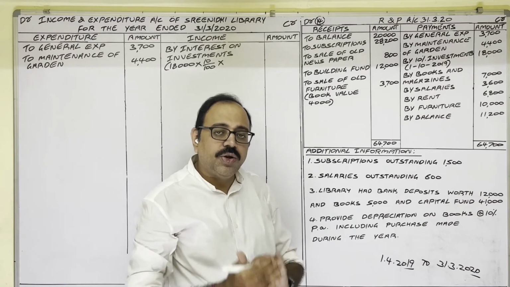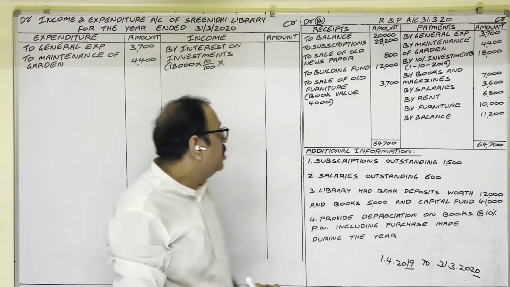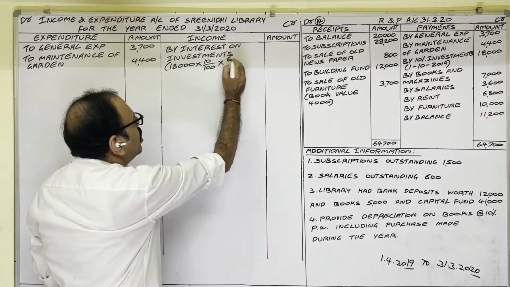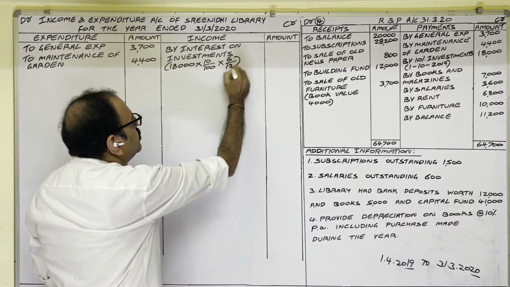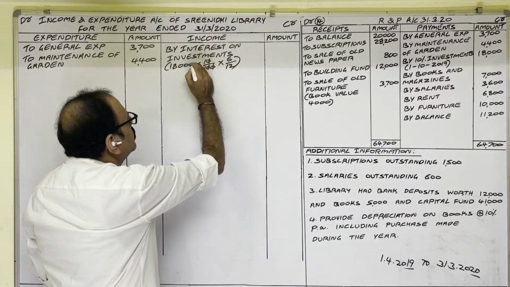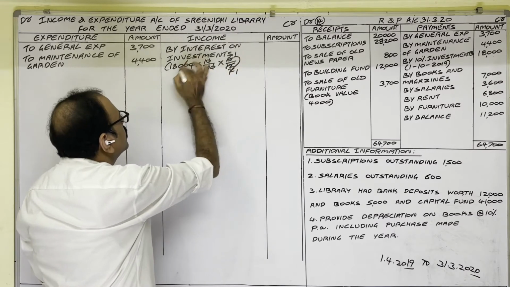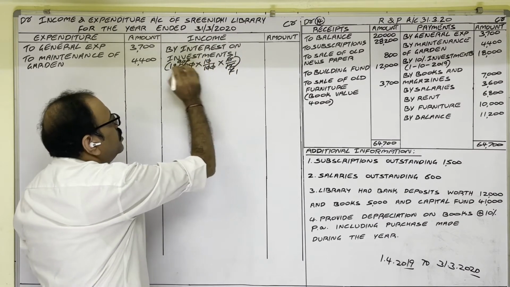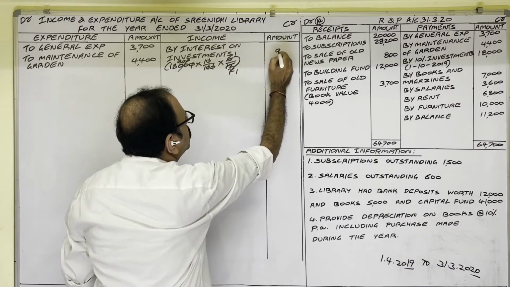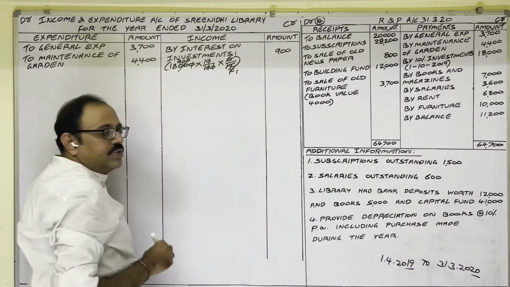For 6 months we have to receive the interest. Therefore, into 6/12 also we should write. 900 is the interest on investment to be received.